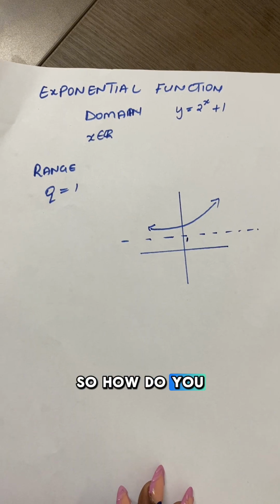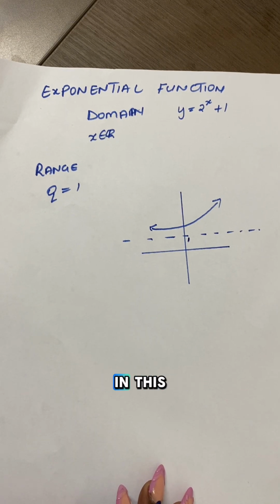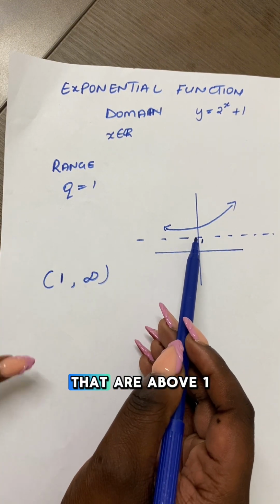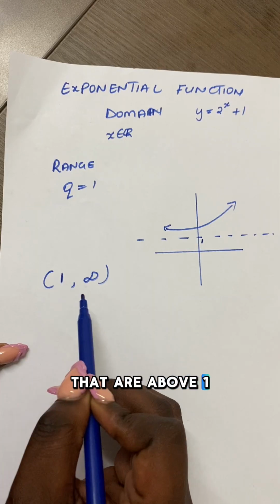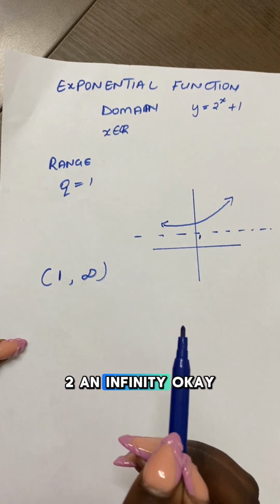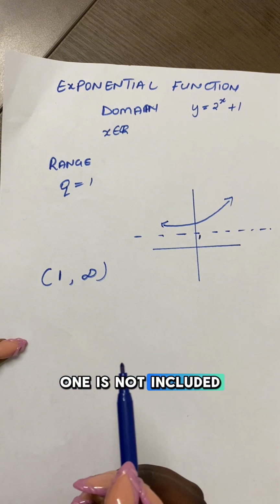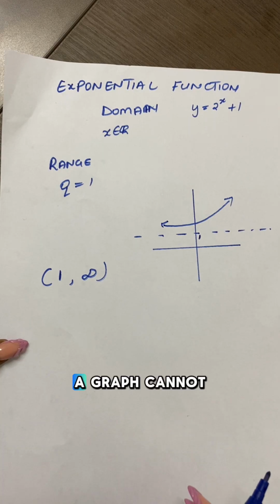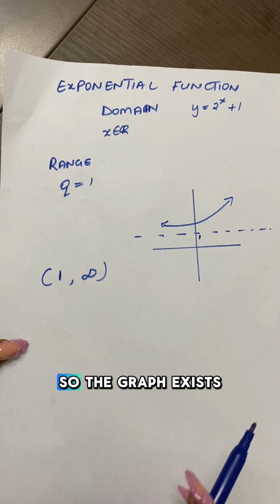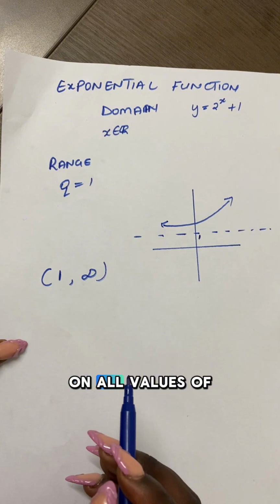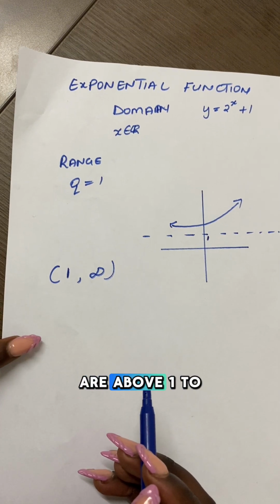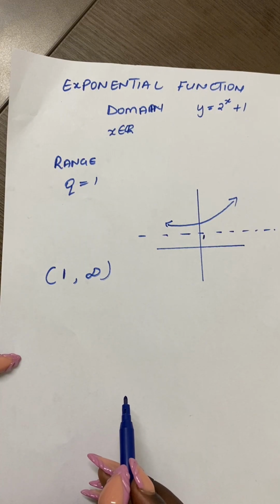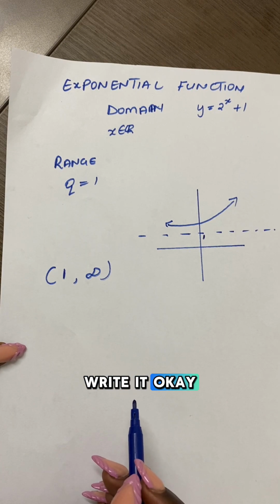So how do you write the range in this manner? The graph only exists on values that are above 1, so from 1 to infinity. 1 is not included in those values because 1 is an asymptote, and a graph cannot touch an asymptote. So the graph exists on all values of y that are above 1, up to infinity.